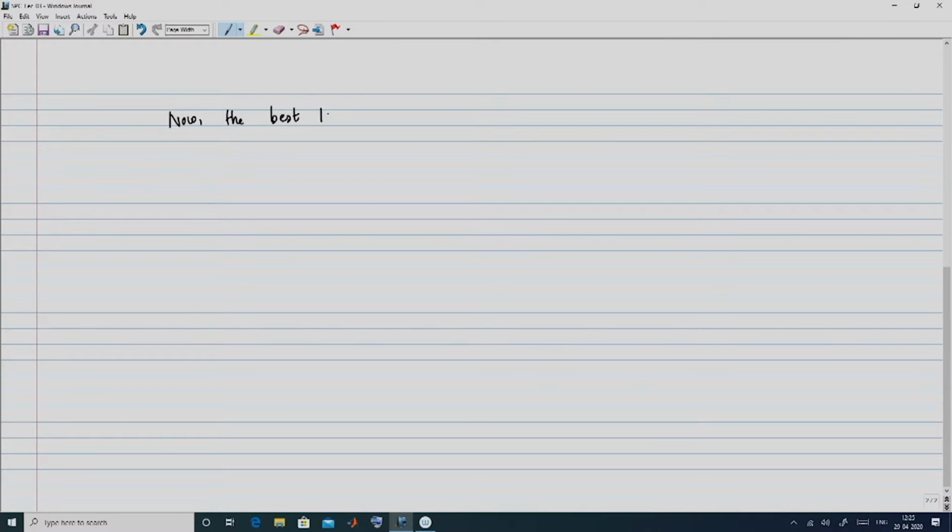So now the next thing that we look at is the best linear predictor. Here the best linear predictor essentially means some sort of an optimized choice of alpha and beta.